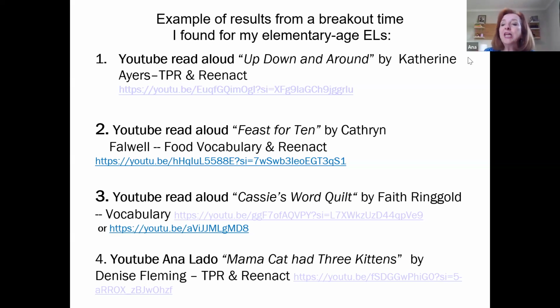Each one of the verbs is repeated twice. At the very end, Mama Cat, Fluffy and Skinny nap, and Boris wakes up, stretches and pounces on Fluffy and Skinny. So it's an easy book to teach without having to do too much TPR because it repeats itself. This is what I hope you get out of this workshop: resources where you say, that's a good book for my class.